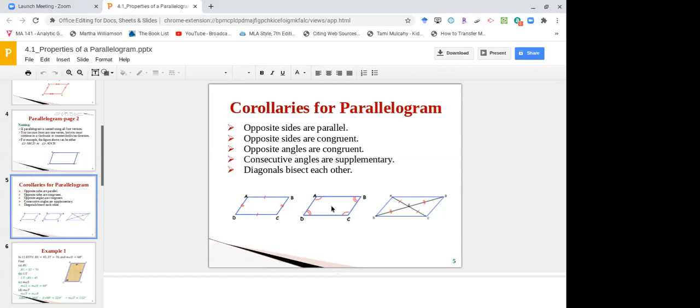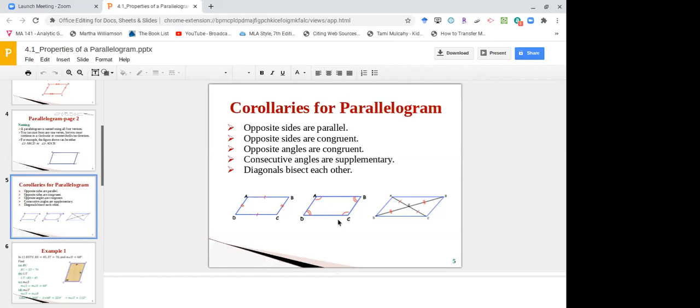Opposite angles are congruent. Now, consecutive angles are a little bit tougher. Consecutive angles, if you look at this middle picture, are angles that continue along the same side. So A, B, B, C, C, D, and DA are consecutive angles.